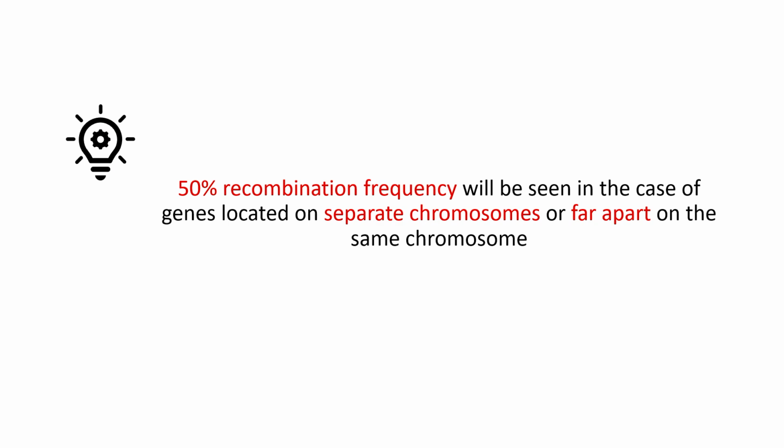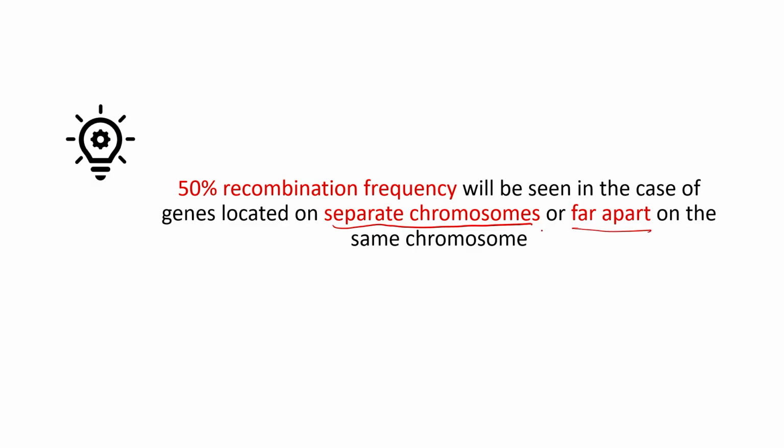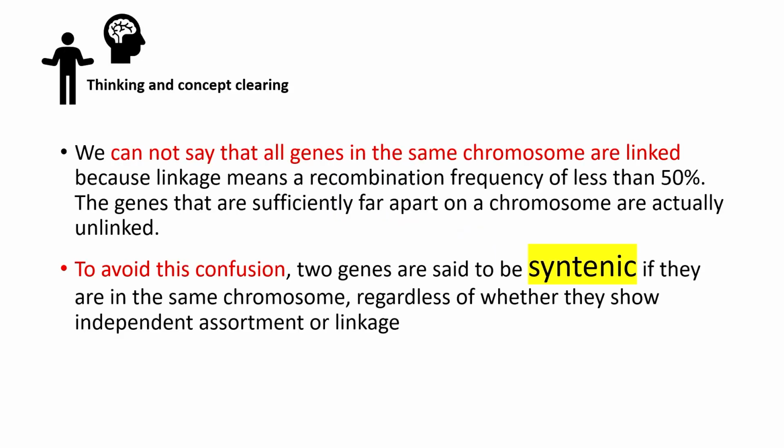So 50% recombination frequency will be seen in the case of genes located on separate chromosomes, remember Mendel, or far apart on the same chromosome. Now see another confusion I am adding here, because I already told you that two genes present on the same chromosome are called linked. Now what I am saying is, if they are far apart, consider that they are segregating independently, right? I will help you understand this better in just a few slides.